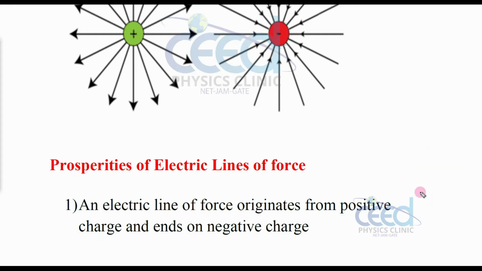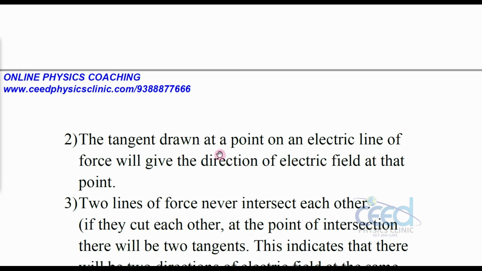Another property is that the tangent drawn at any point on an electric field line gives the direction of the electric field at that point. If you consider an electric field line like this, in order to find the direction of the field at this point and at this point, we have to draw a tangent here.